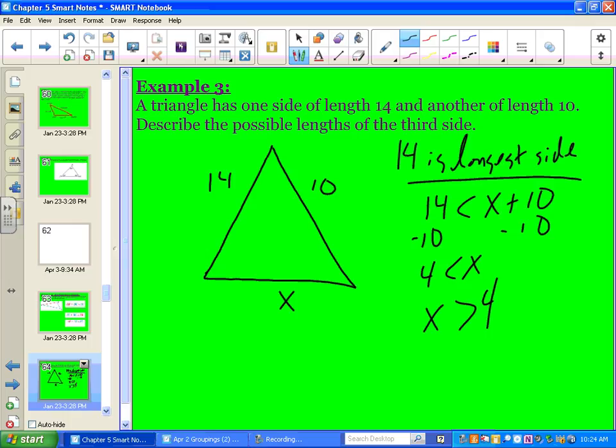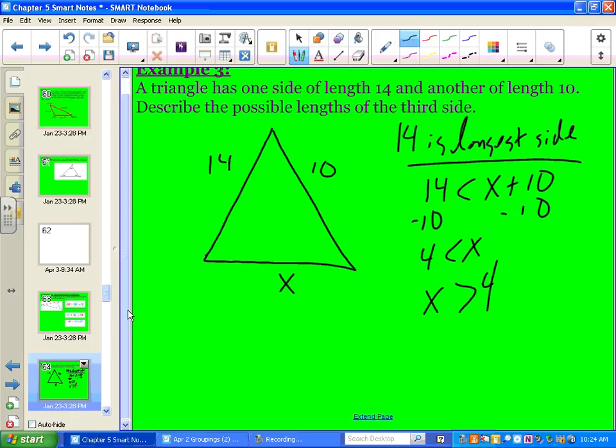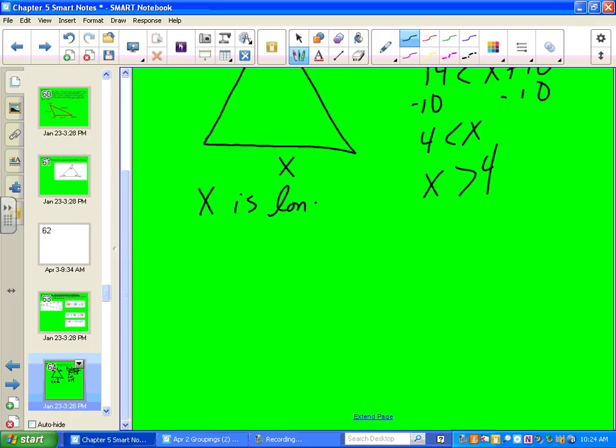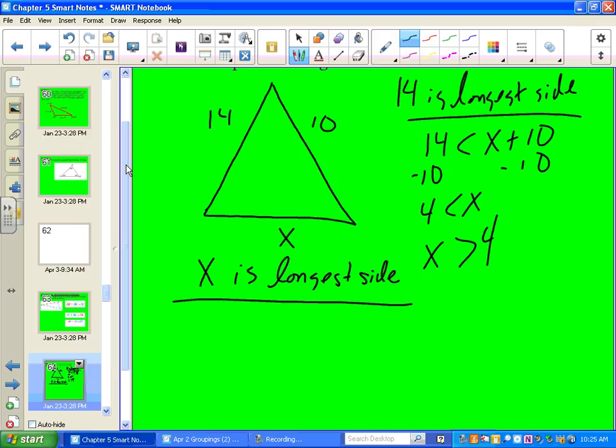Now, what's another possibility? Nicole? That x is the longest side. Very good. We're going to make it more specific because we're saying x is the longest side. So if x is the longest side, what has to be true? X is less than 14 plus 10.